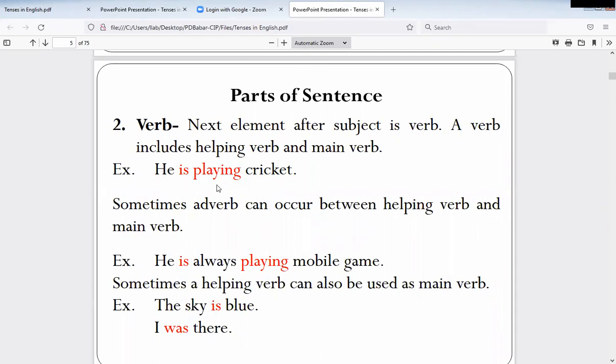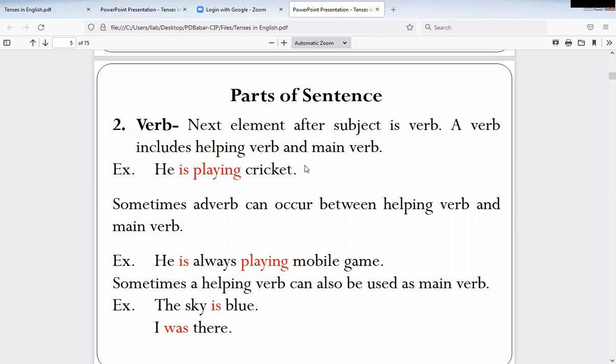He is playing cricket. In this example, is playing is the verb. He is the subject of the sentence, is playing is the verb, and cricket is the object of the sentence.